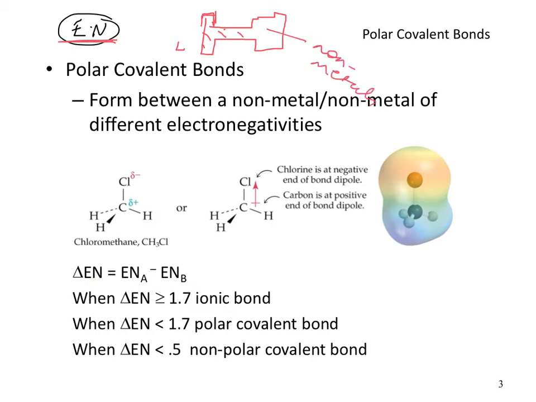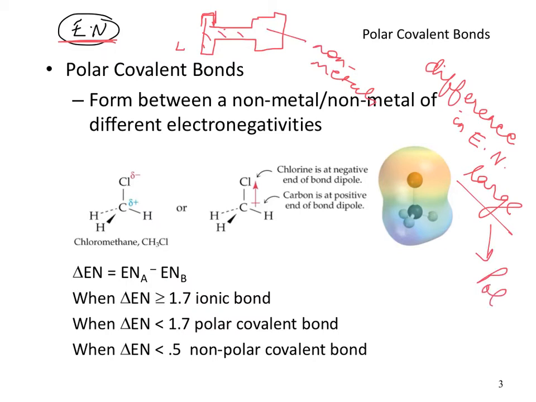And in General Chemistry 1, we said that if the difference in electronegativity, EN is for electronegativity, is large, then we can safely say that it is going to be a polar bond.